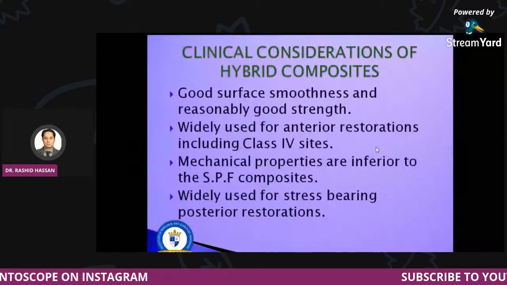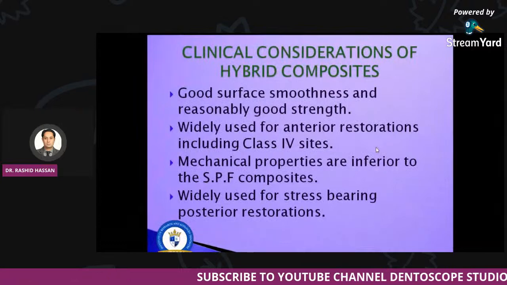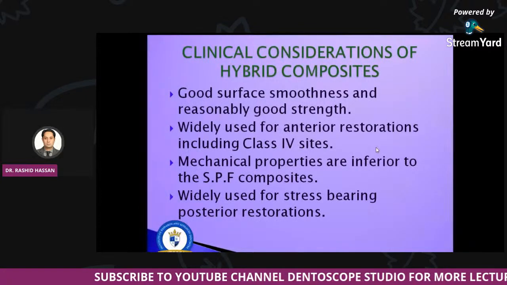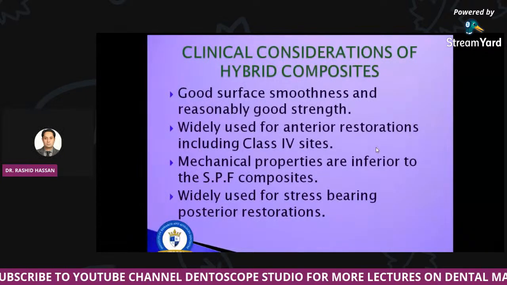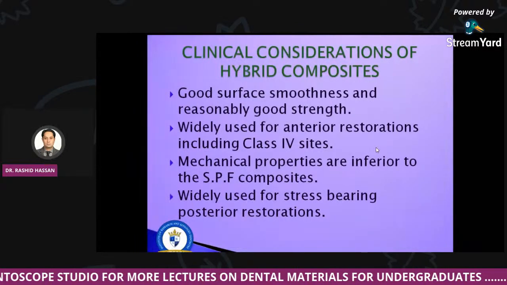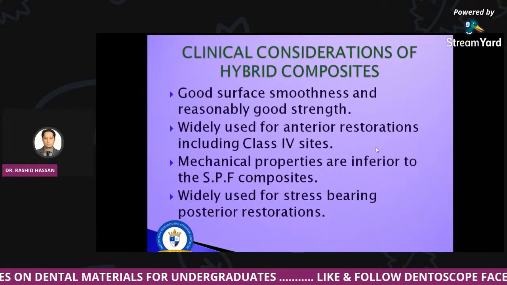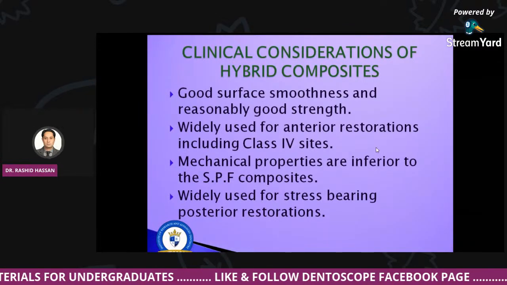The mechanical properties are inferior to the small particle filler, but it has a good surface hardness, so it gives a good lustrous translucency when it is inserted. So it gives a very natural appearance. It is also widely used for stress bearing posterior restoration.